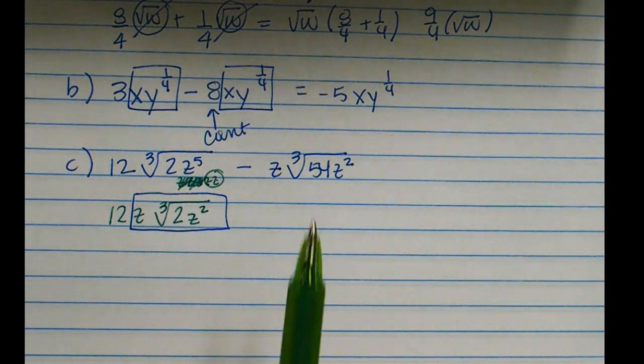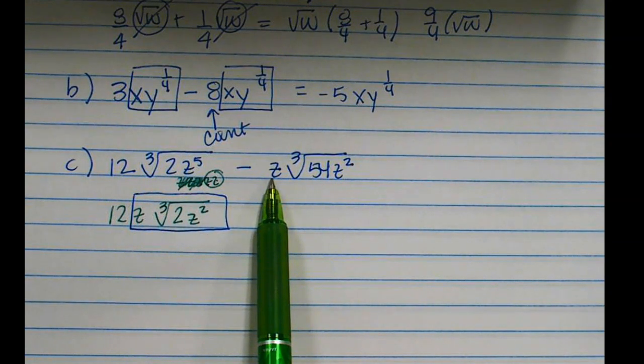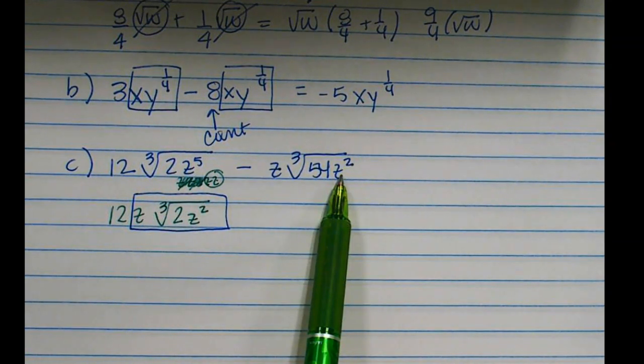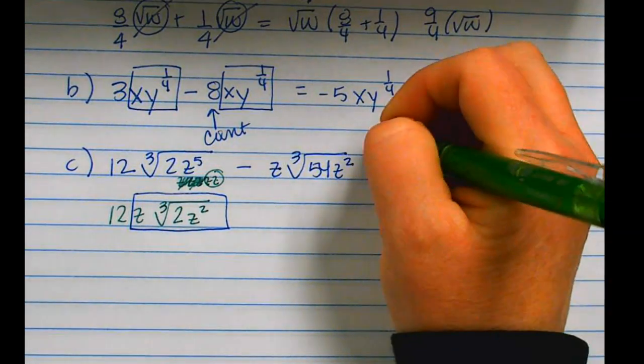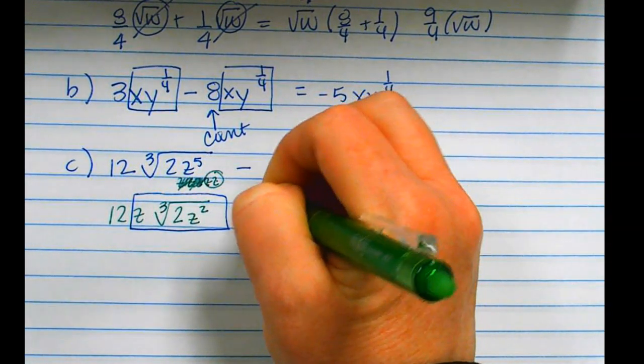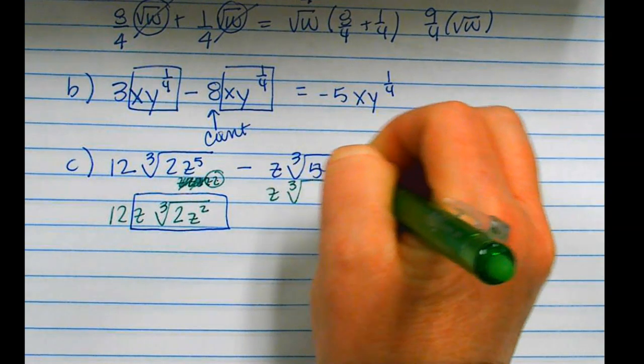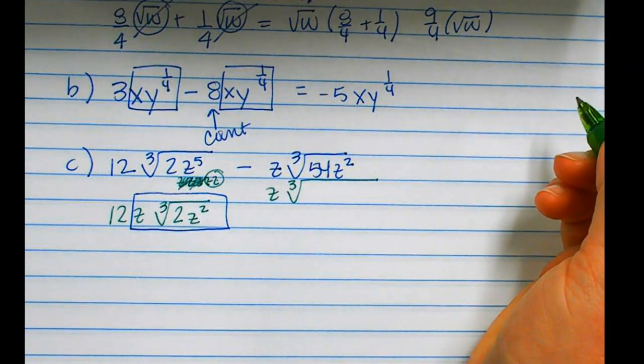I've got a z on the outside. Can I take out any of these? No. So they're going to stay. 54 though, how about, okay, so I should rewrite this. This is going to be z, the cube root of, tell me 54. How can I rewrite it?